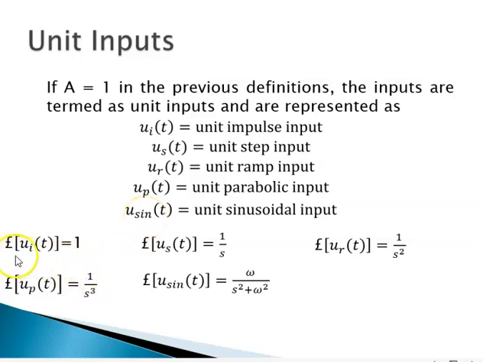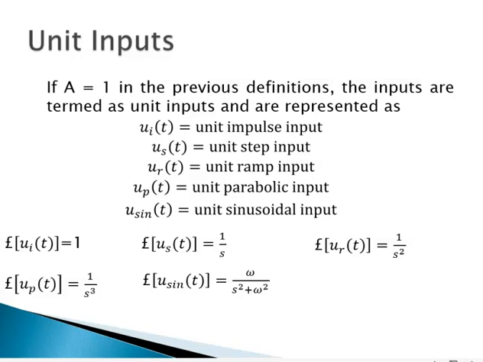We note their Laplace transforms. Of unit impulse input is 1, unit step input is 1 over s, ramp input is 1 over s squared, parabolic input is 1 over s cubed, and sinusoidal input Laplace transform is omega over s squared plus omega squared.